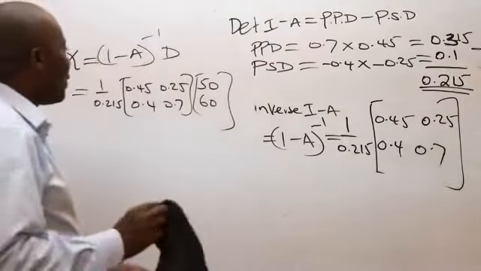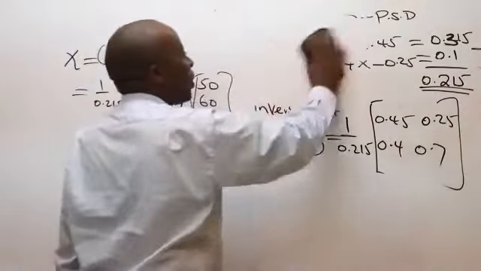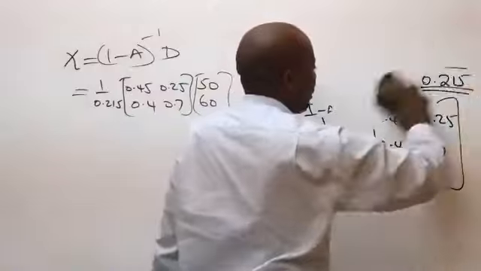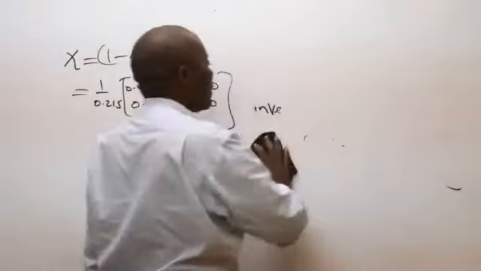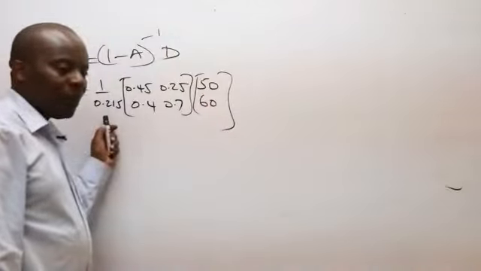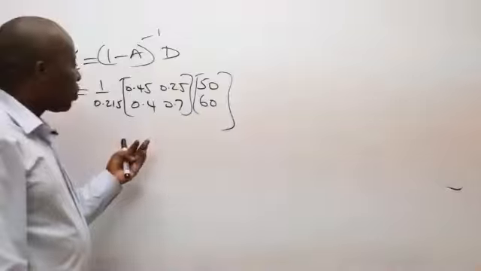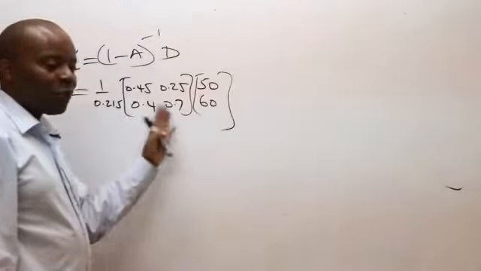Having gotten this correctly, the one that we have outside here will be called a scalar. What you're supposed to do is multiply the matrices first.